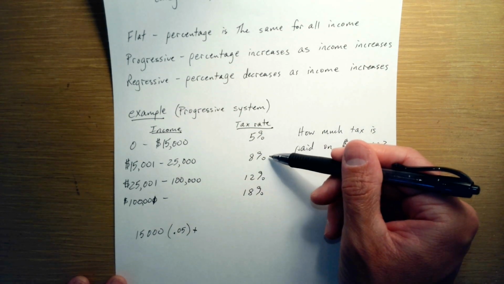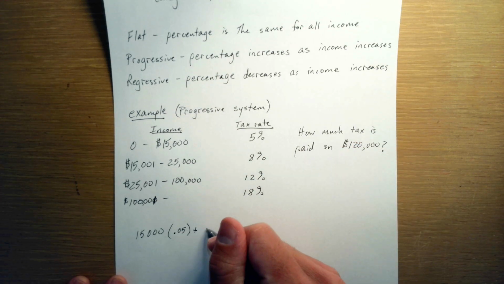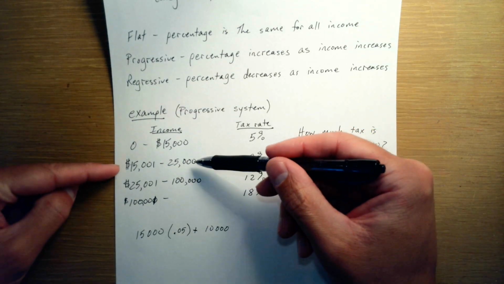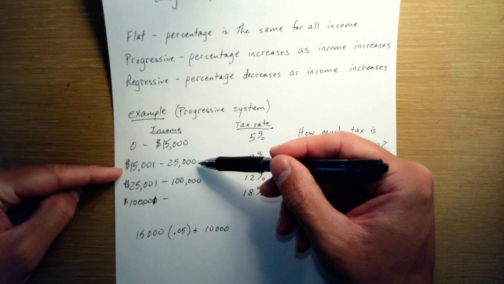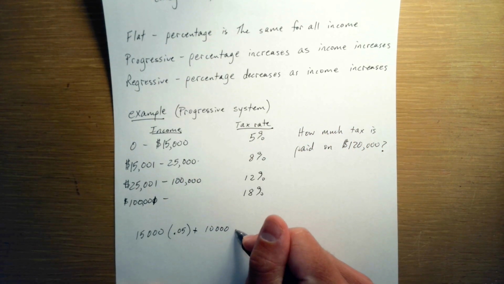So then for the next bracket, that's all the money between $15,001 and $25,000, of which there are $10,000 in that bracket. Notice that's the difference between $25,000 and $15,001. And then that gets 8% tax applied to it.